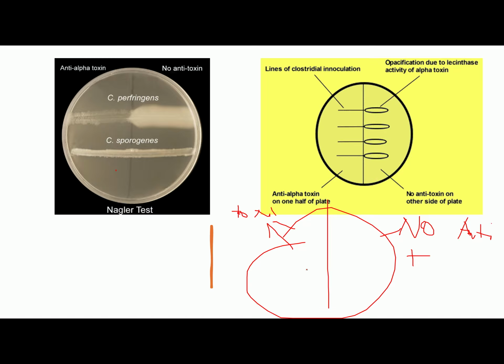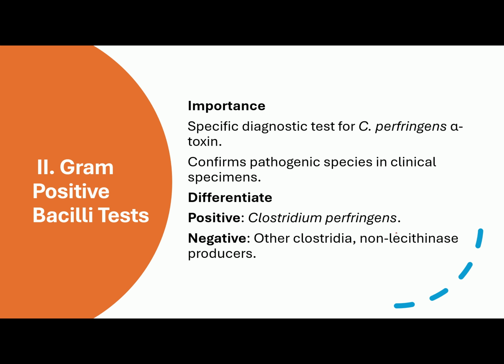But if both sides become opaque, negative. No opacity on both sides, negative siya. Then importance, specific diagnostic test for C. perfringens, alpha toxin, confirms pathogenic species in clinical specimen. Differentiates Clostridium perfringens from other Clostridia that are non-lecithinase producers.